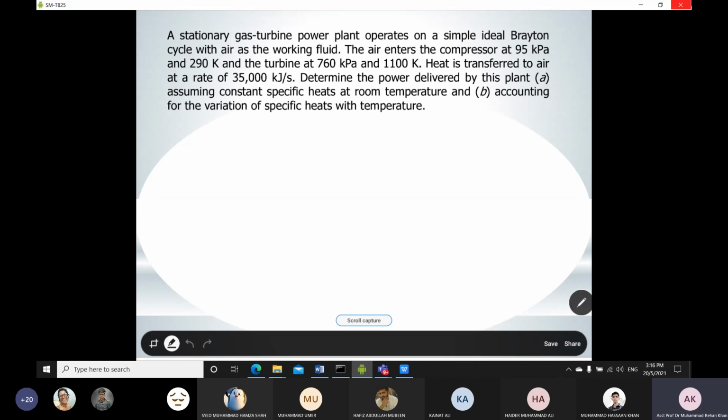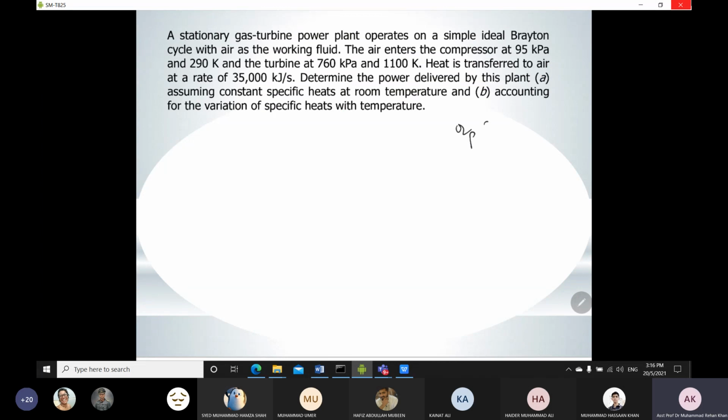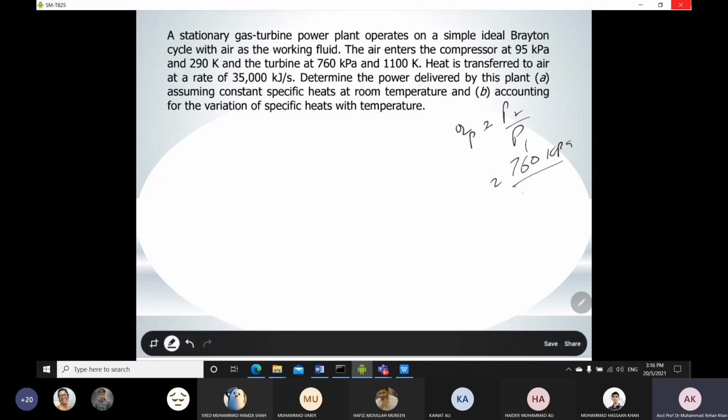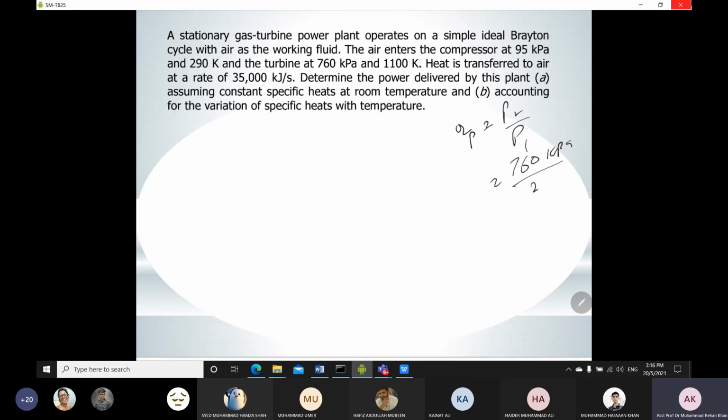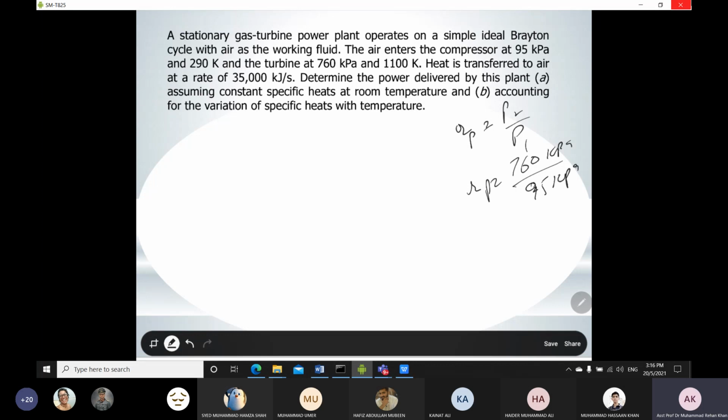For this question, you can easily find the pressure ratio from the data, because rp is equal to P maximum over P minimum. P maximum is 760 kilopascal and P1 is 95 kilopascal. So you just have to divide these two and you will get the pressure ratio.